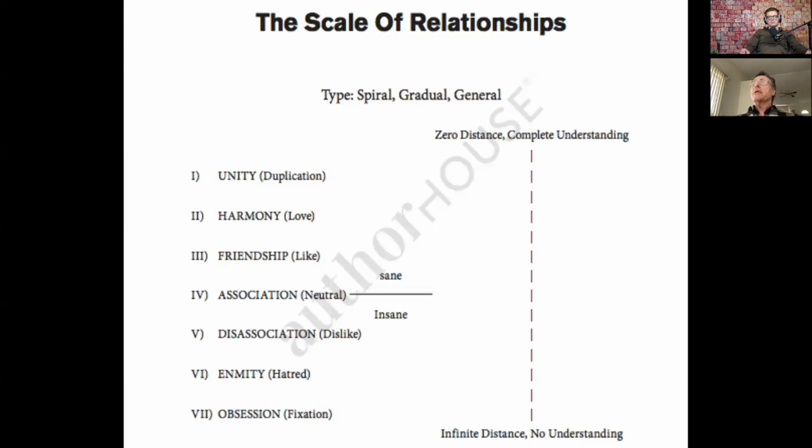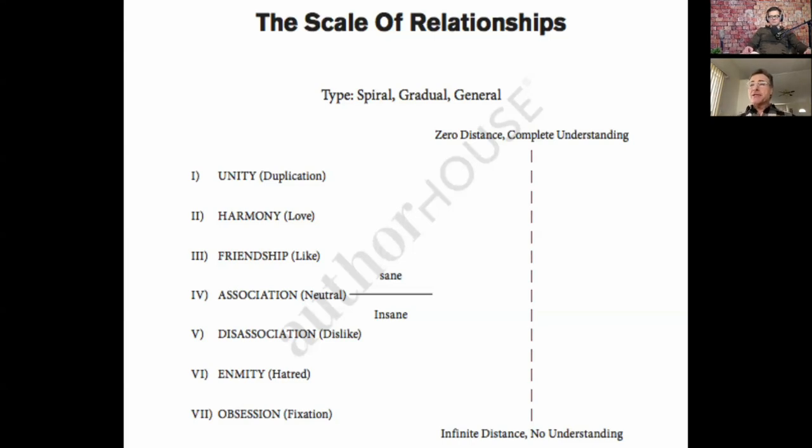And this was not without any cause. In other words, there was plenty of bloodshed on both sides. So it's still not sane, and it's not as crazy as obsession. The guy is not going around saying, I'm going to get those Indians, I'm going to get those Indians. He hates them, but he's not fixated on them.